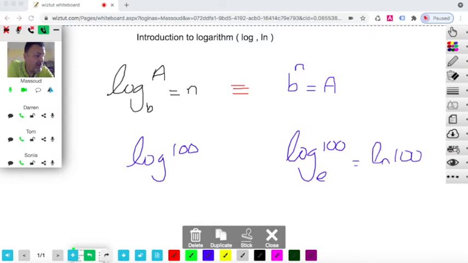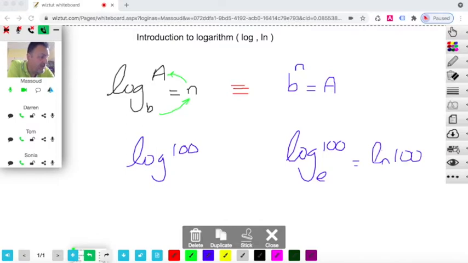Now I quite like this cycle to pay attention to: b to the power n equals a. So I like that little cycle there. If you can see that cycle, then you know that you're working it correctly.